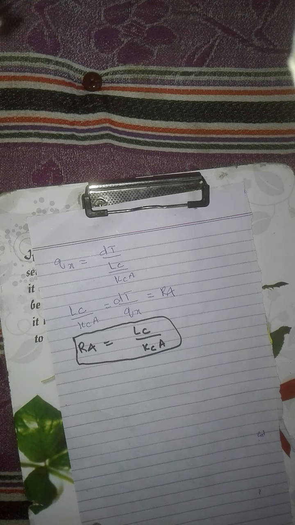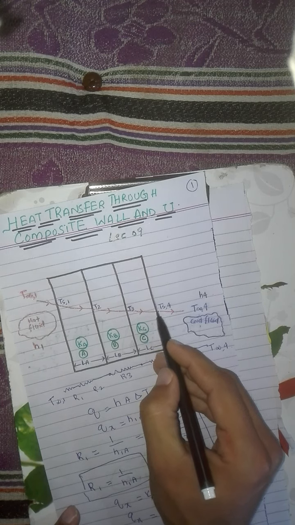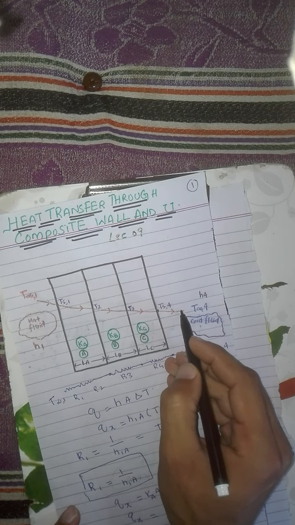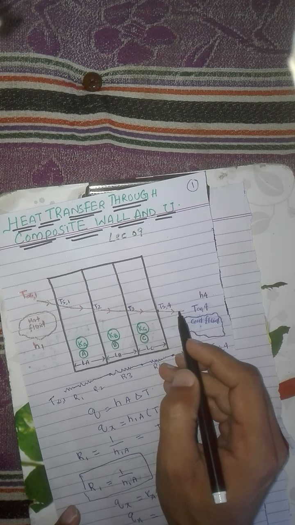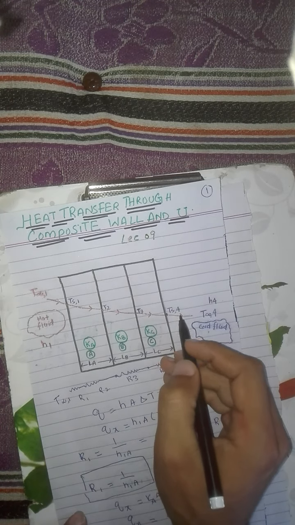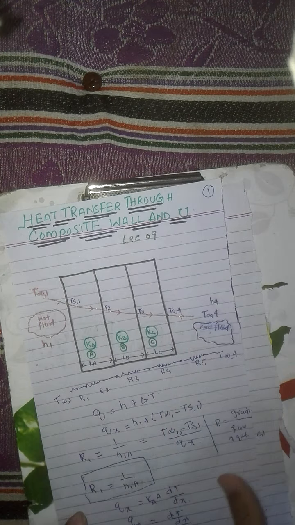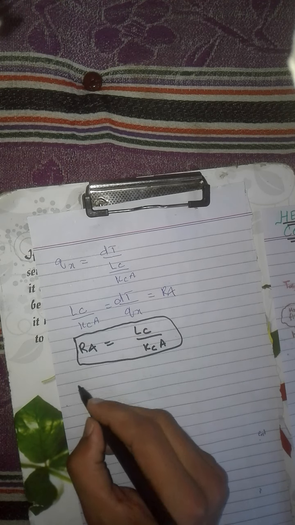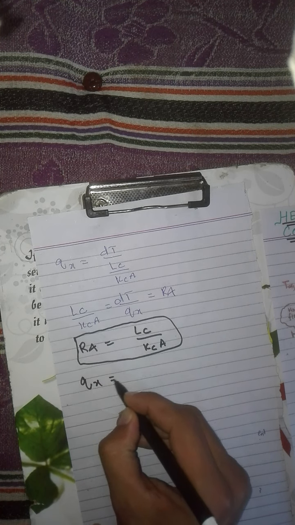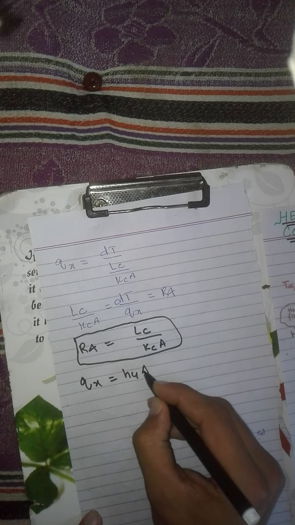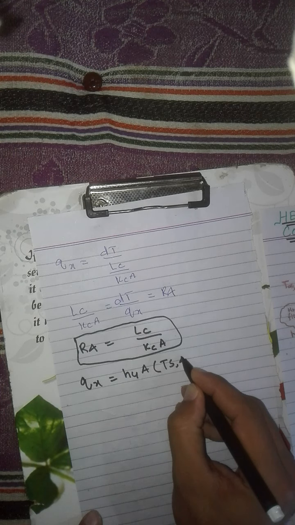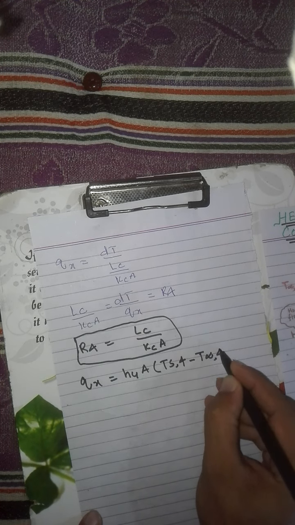Now when the heat transfers from this wall to the fluid, the heat will transfer through convection. So in this section we will apply Newton's law of cooling. Newton's law of cooling for this section will be Qx is equal to H4 into area into Ts4, the temperature of surface 4, minus T infinity 4.